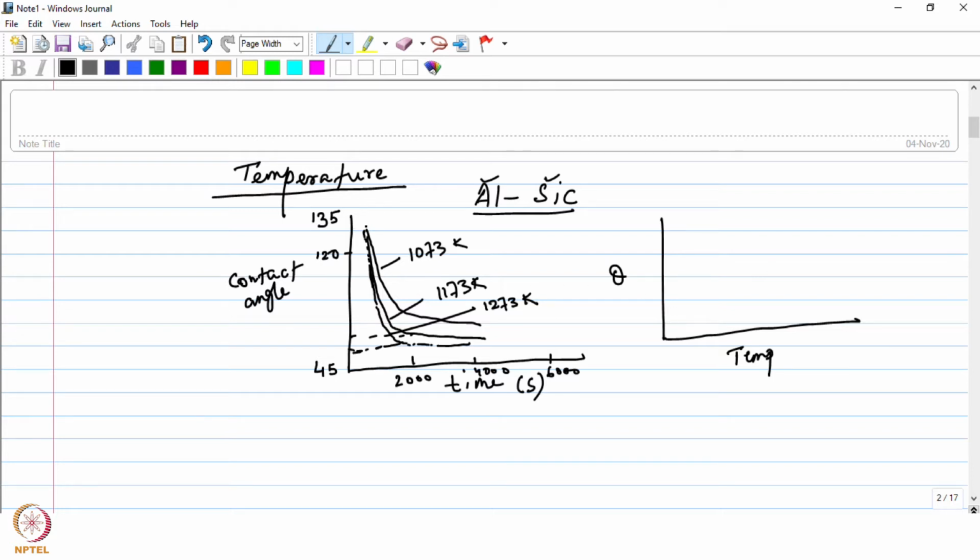The initial angle is this one, and the final angle is the one after saturation. Okay. So here also you would see that as the temperature is increased, both the initial as well as the final contact angle will decrease.